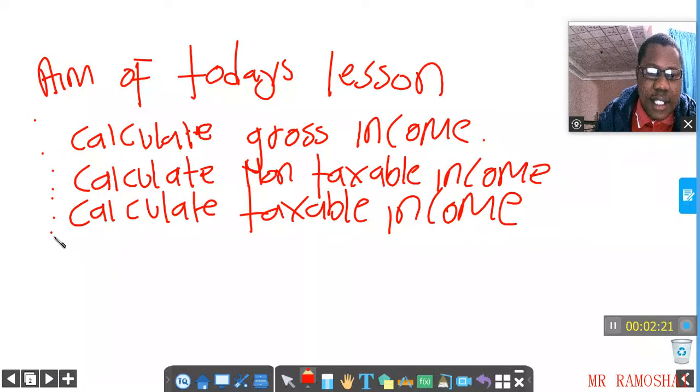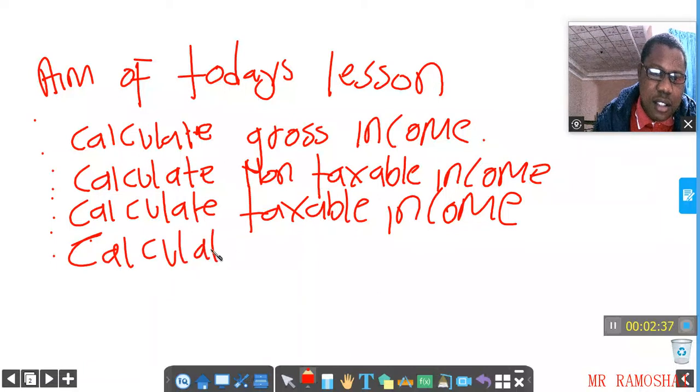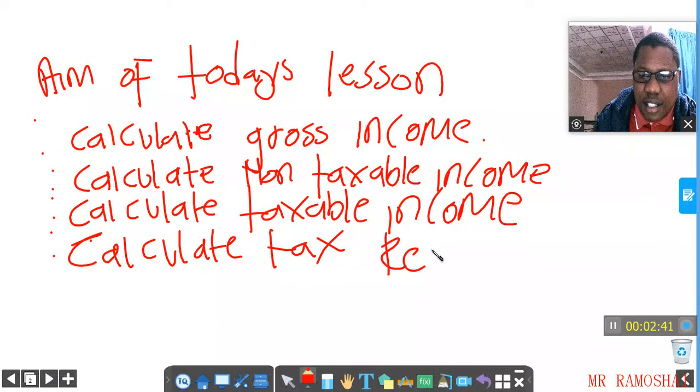Then the next thing that I want you to be able to do is to calculate tax. Let me see what must come first. To calculate tax relief. 1, 2, 3, 4.